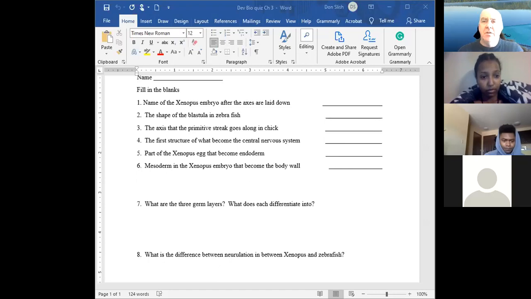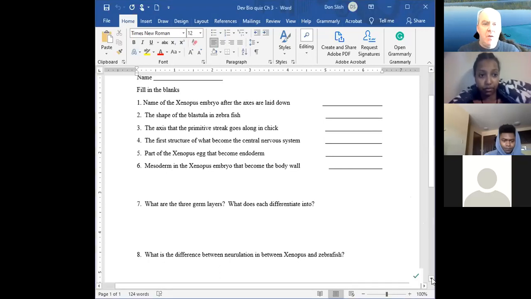Remember, there's the somatopleural and the splanchnopleural. Splanchnopleural becomes internal organs, and the somatopleural becomes the body wall.